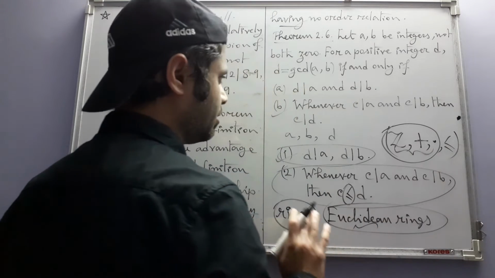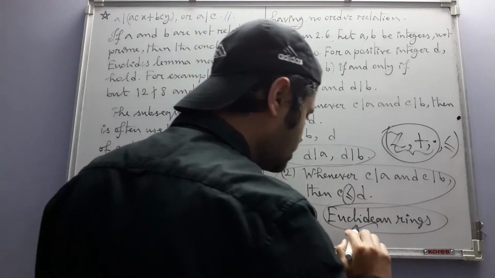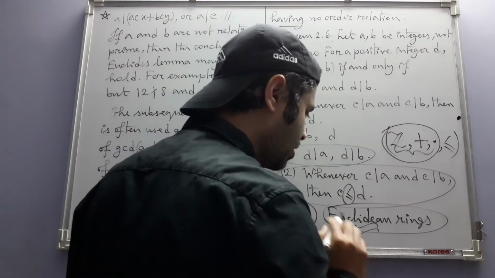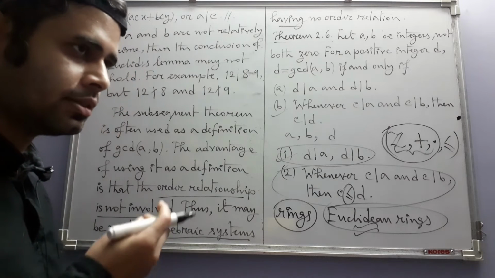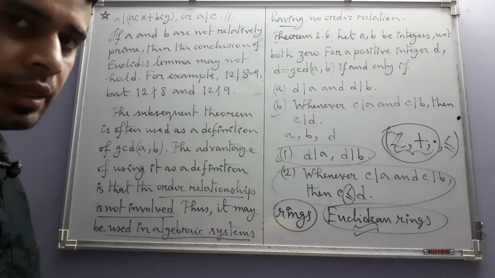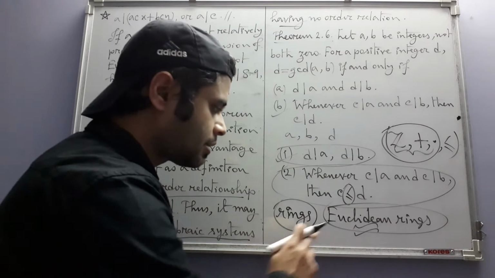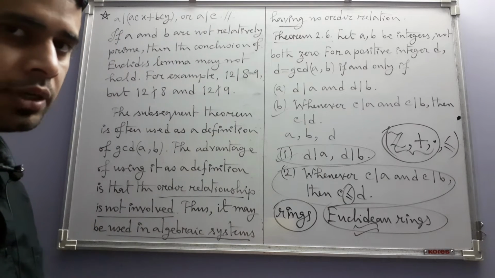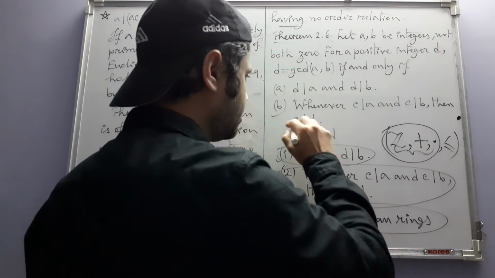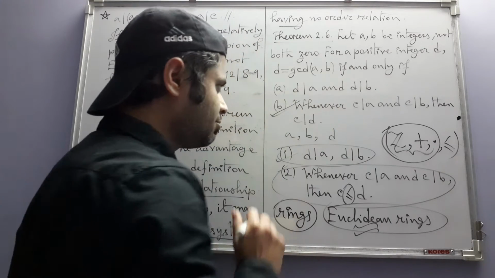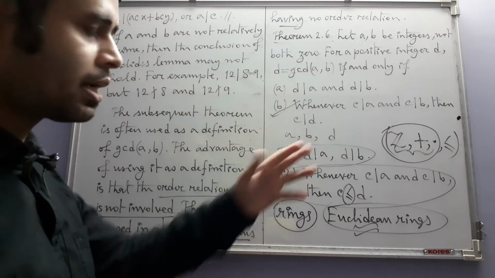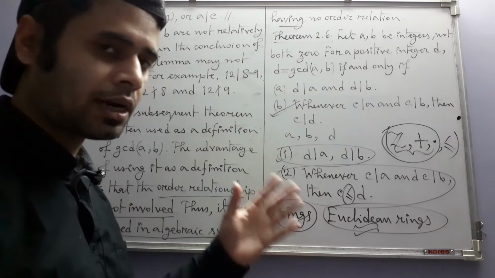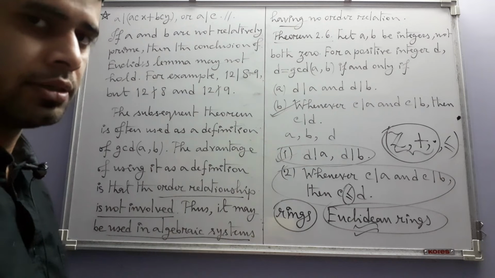That's not the point here. The point here is that in a general Euclidean ring, it may not make sense to say that this ring element is less than that ring element. Such an ordering of the ring elements may not be available. But there you can continue to use this definition, because this does not involve order. It only involves divisibility, which however is there in any Euclidean ring.